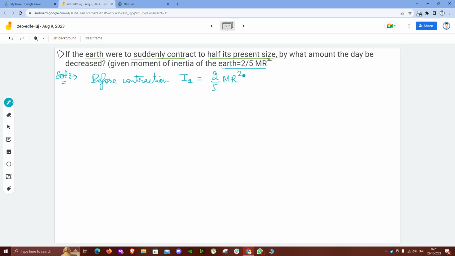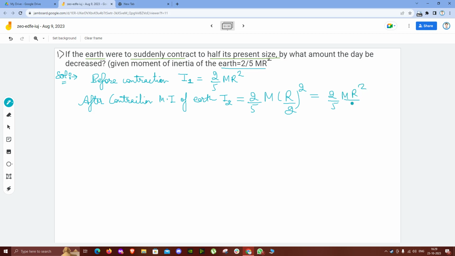Now after contraction, the moment of inertia of Earth, I2, will be 2 by 5 m. It will still be a solid sphere. Mass is the same, but the radius has now decreased to half, so r by 2 square, which is 2 by 5 m r square by 4. This is the new moment of inertia.